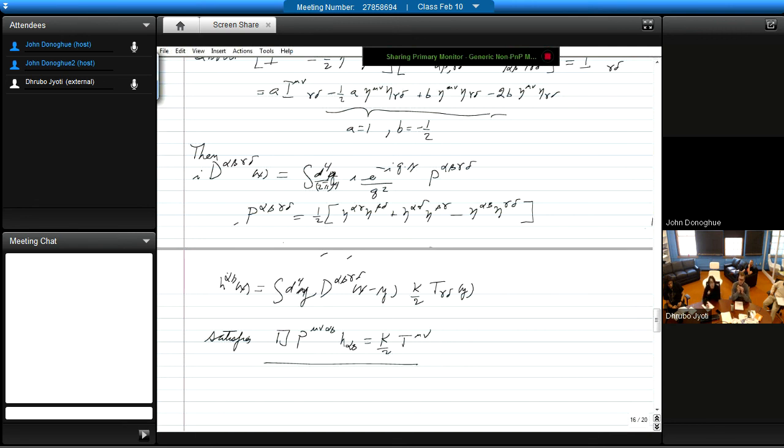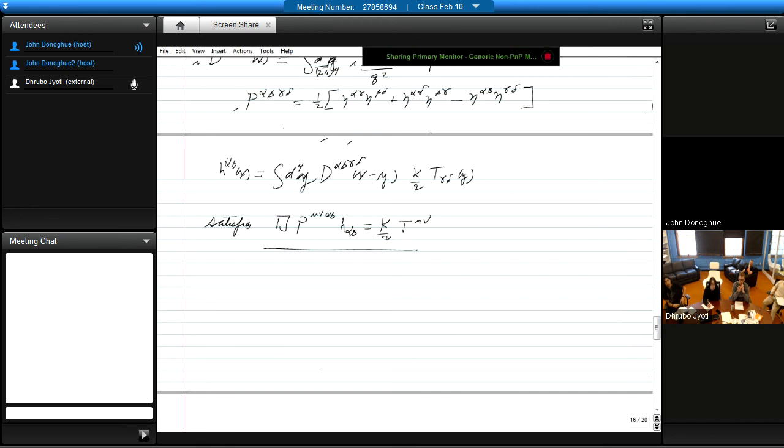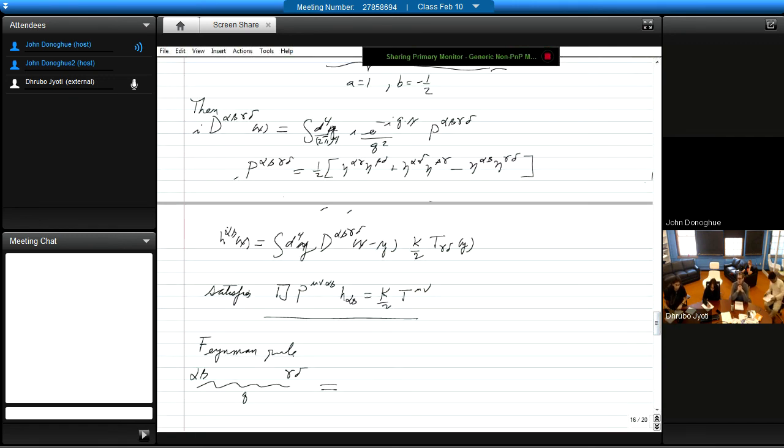So that gives us our first Feynman rule. If I have a propagator, alpha beta gamma delta, for a graviton of momentum q, in momentum space, it's just the momentum part of this guy.